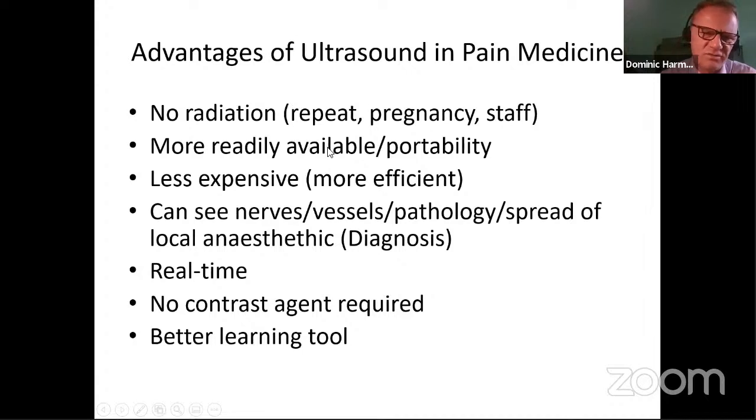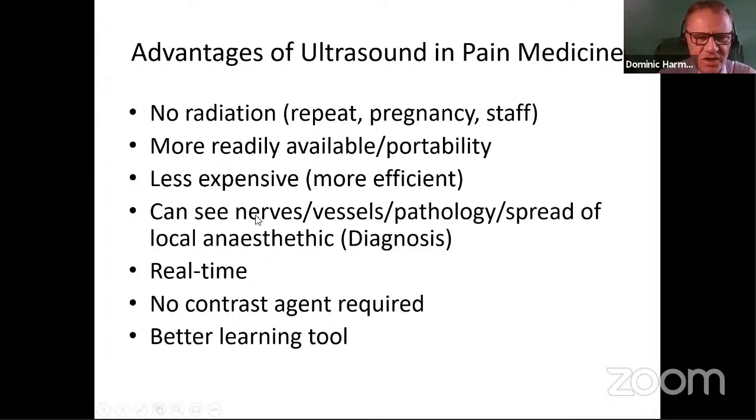It's also more readily available and more portable. You can leave the intervention suite much easier. Definitely less expensive. There's a fair cost. I've seen what the cost was in my own institution, and we were talking about €1,200 for a session with the radiographer being with the pain specialist to do a pain list. So there are big savings over a year with the use of ultrasound.